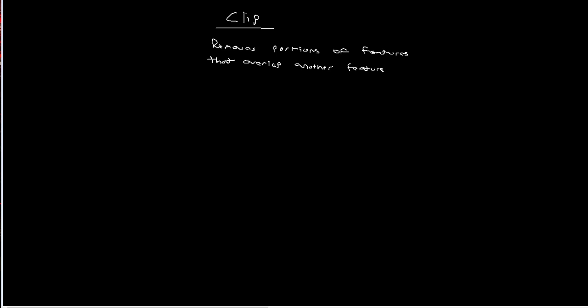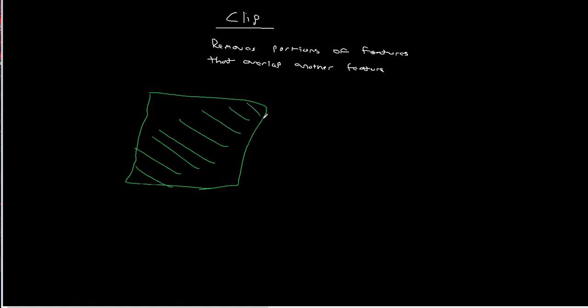Right. So let's think of a good example. Let's think about the pool example that we talked about when we talked about buffer. So you have your yard. This is your yard, a polygon.